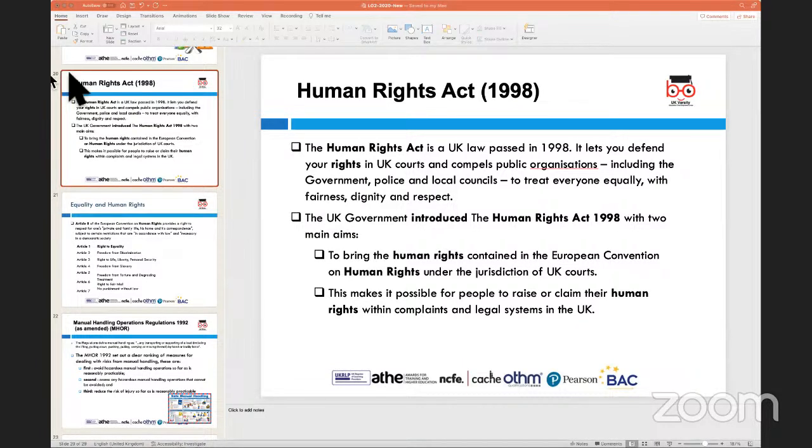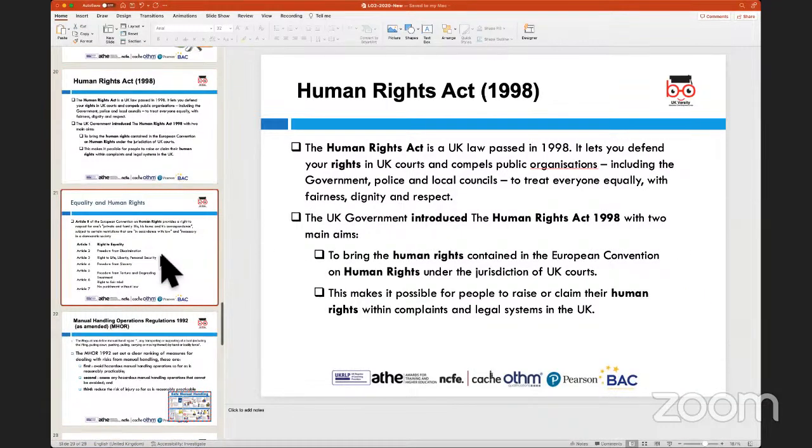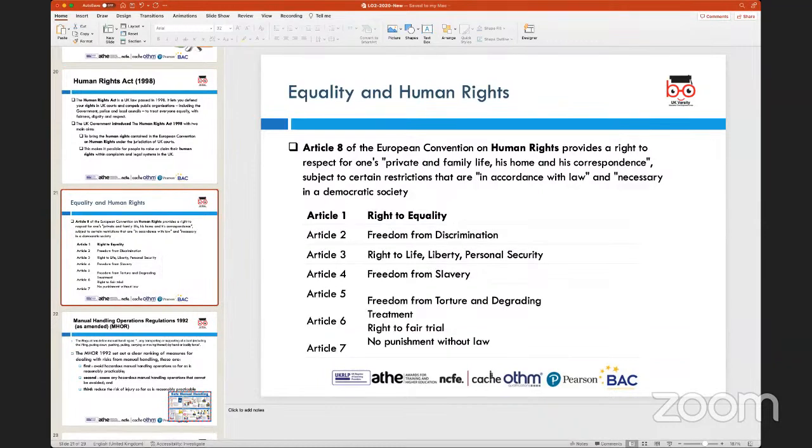So again, obviously all these acts are very big pieces of legislation. My aim in taking you through this particular learning outcome is to make you understand what these individual pieces of legislation are, and to be aware of how they can be invoked.